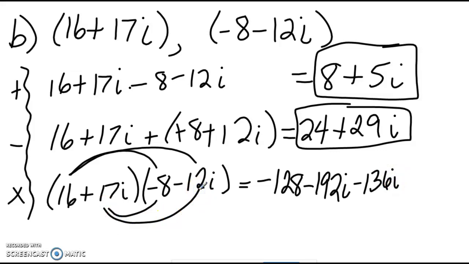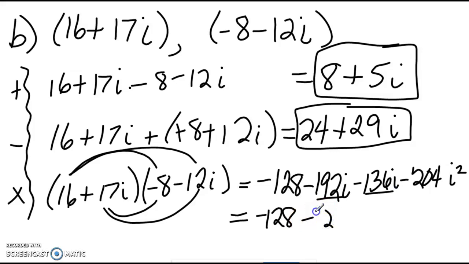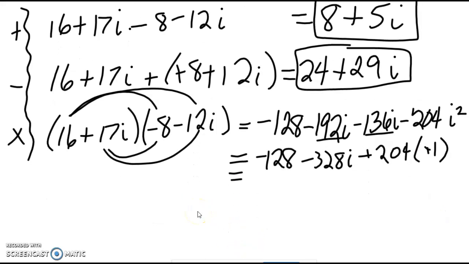And then 17 times a negative 12? Negative 204 I squared. Okay, so we can put together negative 128. We can put our I terms together, I to the first. What is that? 328i. And then the 204, remember I squared is a negative 1, so that's just going to make that positive 204. So 204 minus 128 is 76, positive 76 minus 328i.